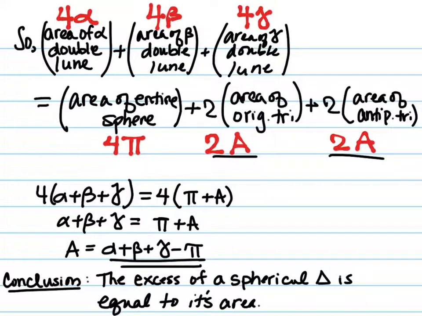Because this is exactly what we called the excess a moment ago. That was the formula we had, right? Pi minus my 3 angle measures.